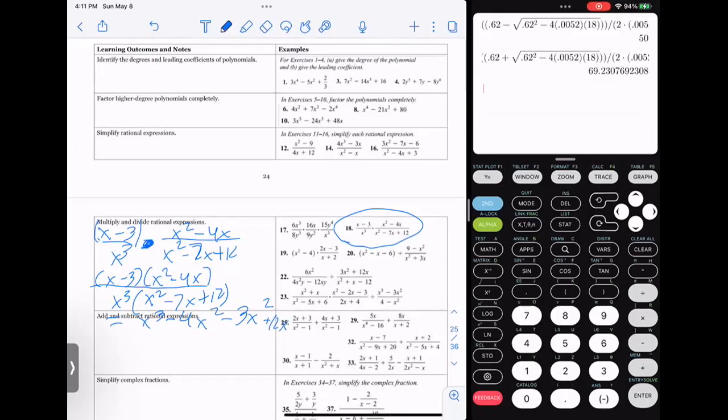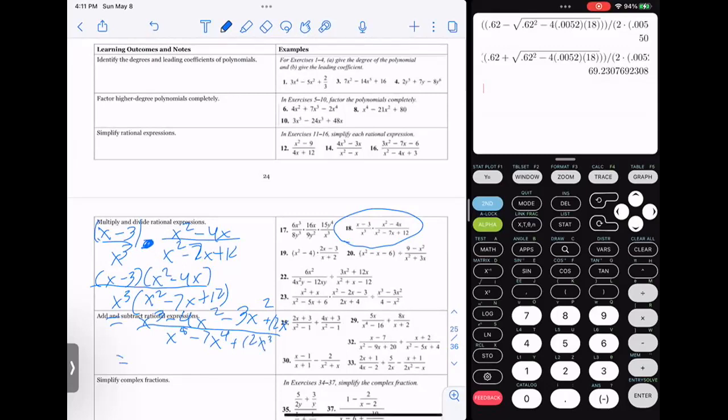In the denominator, x cubed times x squared is x to the 5th. x cubed times negative 7x will be minus 7x to the 4th. And x cubed times 12 will be positive 12x cubed.